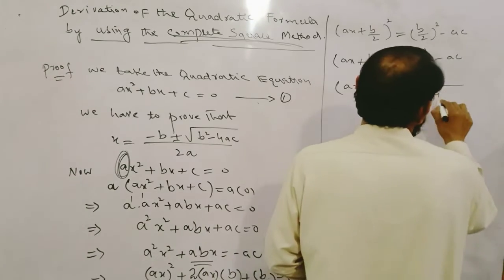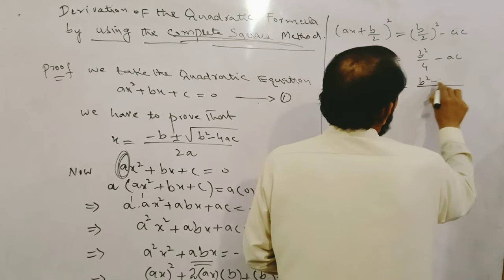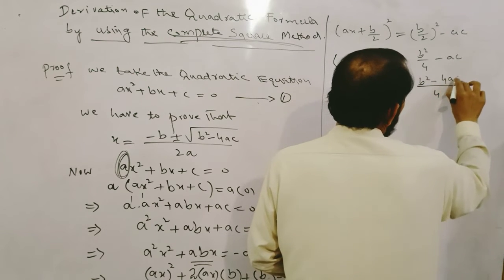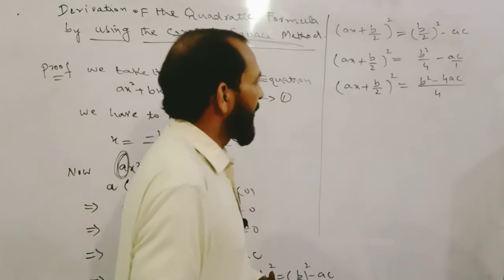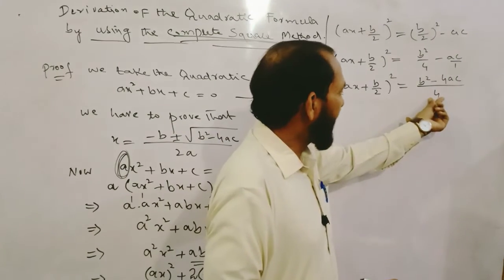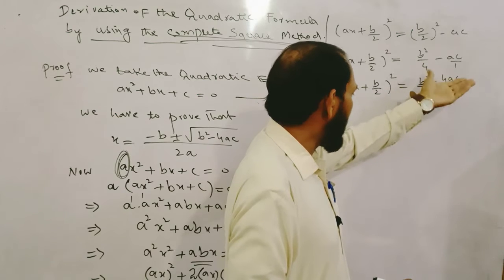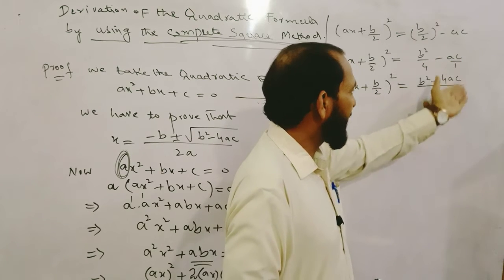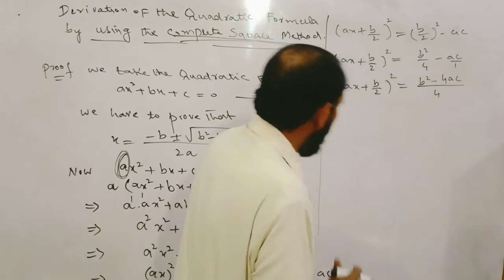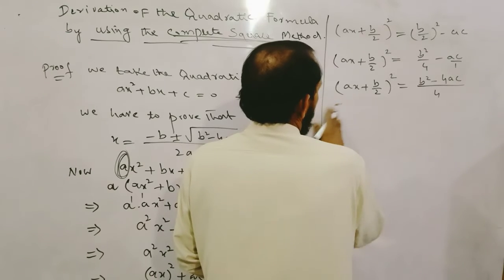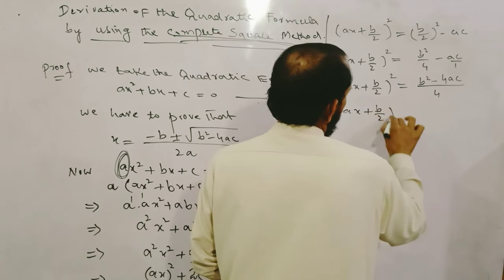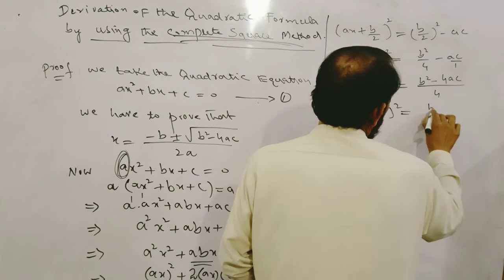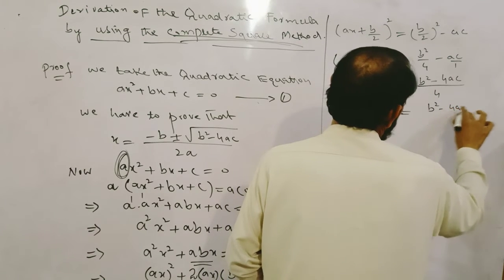We take the LCM, which is 4, and after simplification we find ax plus b over 2 whole square is equal to b square minus 4ac over 4.